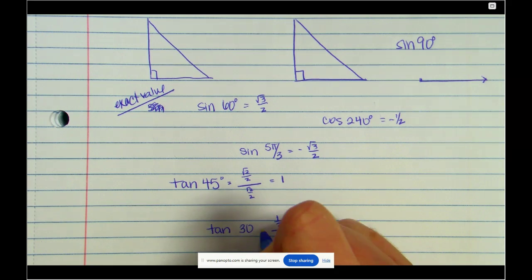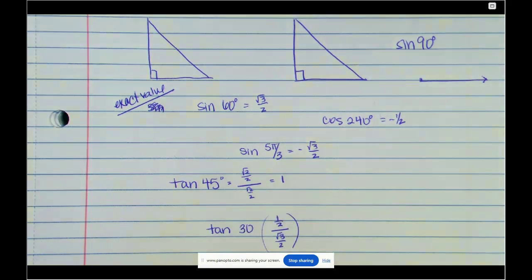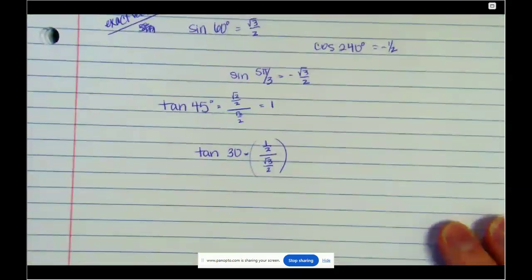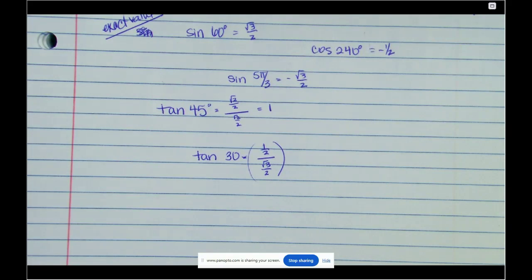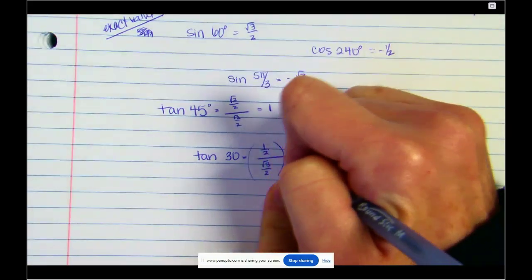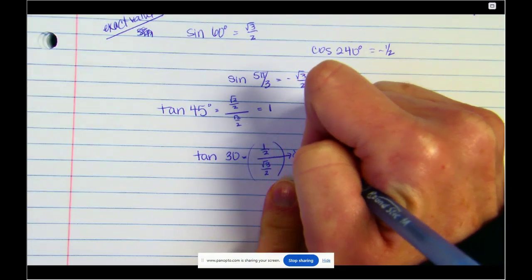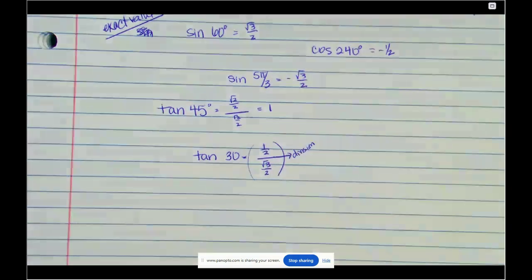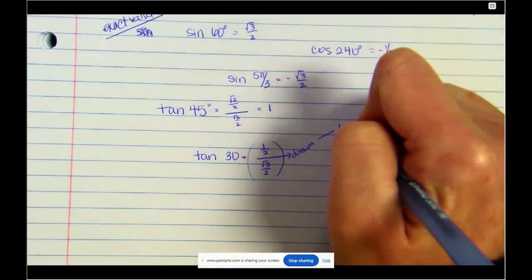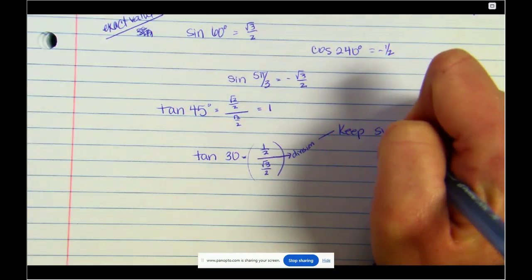This is called a complex fraction, when you have a fraction within a fraction, whether it's on the top, on the bottom, whatever. But you guys, this line here is division, y divided by x. So you have to remember how to divide fractions. To divide fractions, you keep, switch, flip.